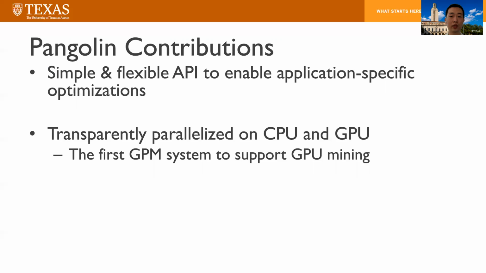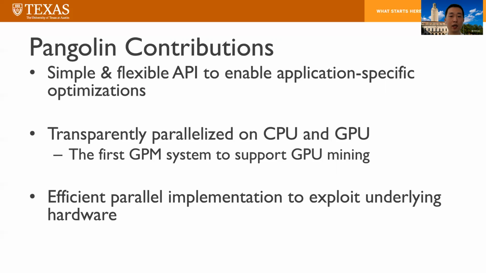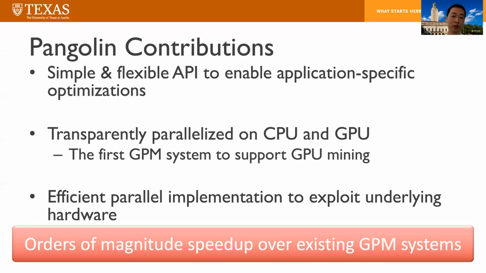Pangolin applications are automatically parallelized to exploit underlying hardware, such as multiple CPUs and GPUs. Pangolin is the first GPM framework that supports GPU mining. Parallel operations and data structures are efficiently implemented for the targeted architecture. Overall, our system achieves orders of magnitude speed up over existing GPM systems.